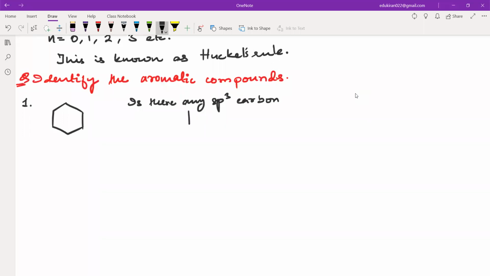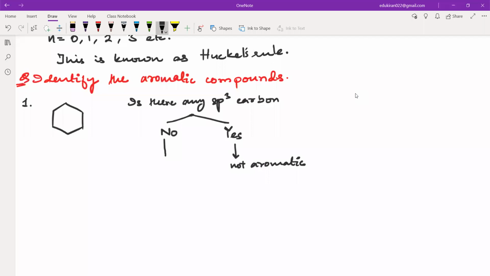If sp3 carbon is there, you will get either yes or no. So tell me, is there any sp3 carbon?